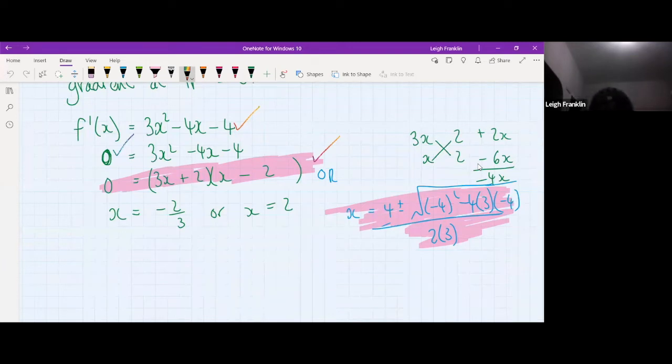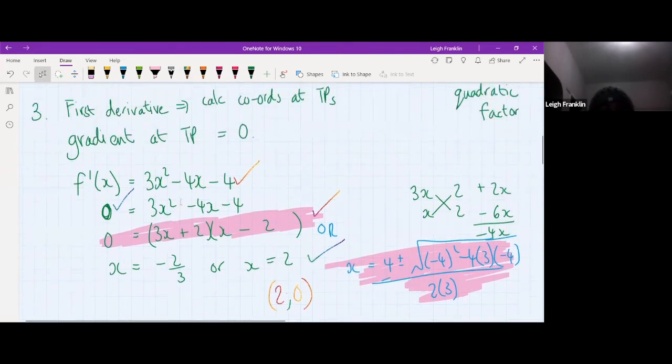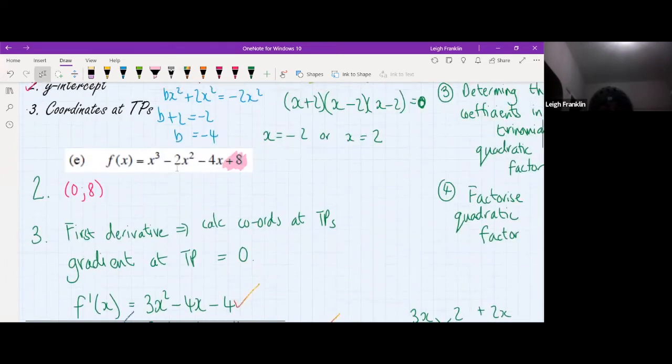Okay, and then here a mark for our answers. So we already know that when we sub in 2, we'll get 0 as an answer. So we know that 2 and 0 is a turning point and x-intercept. What do we need to do with this -2 over 3? Where's it going to go?